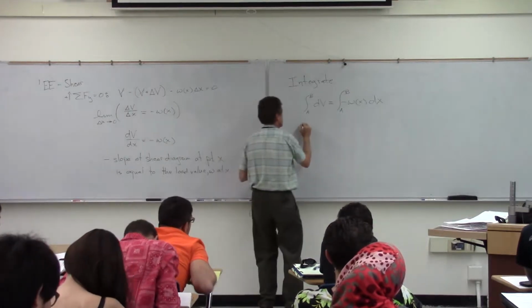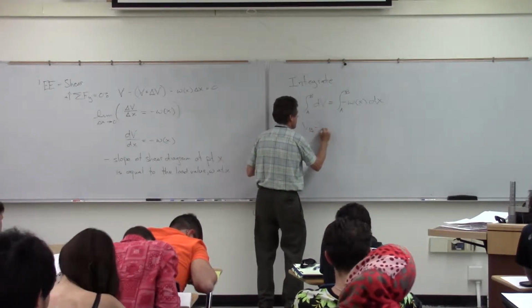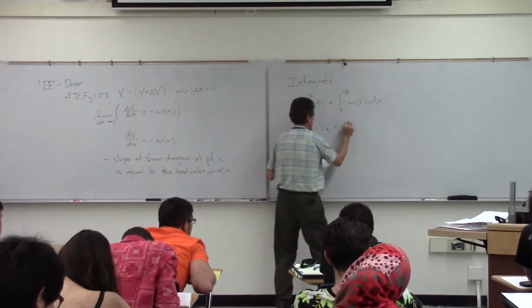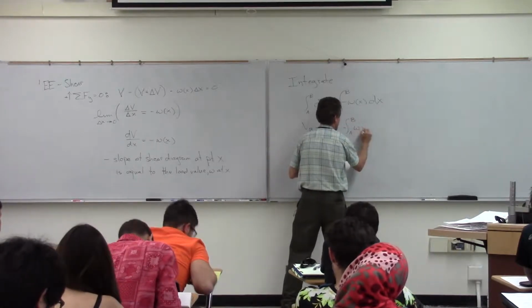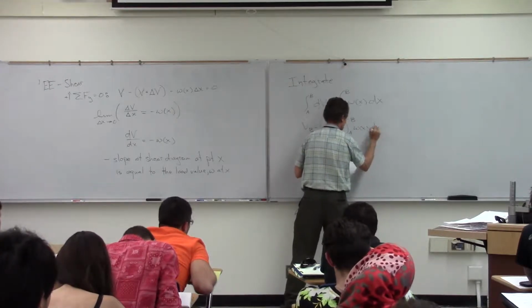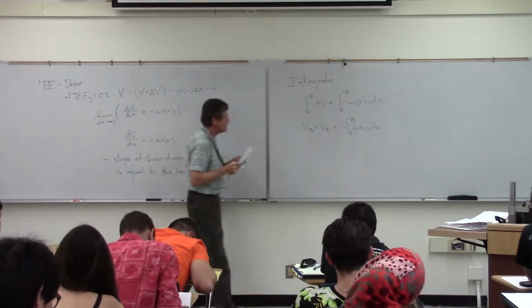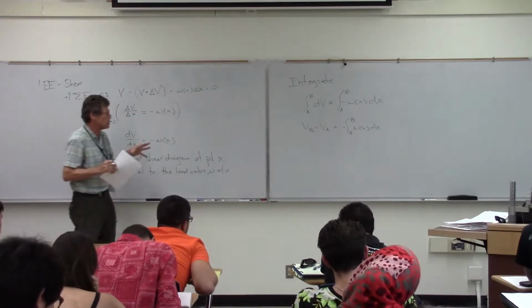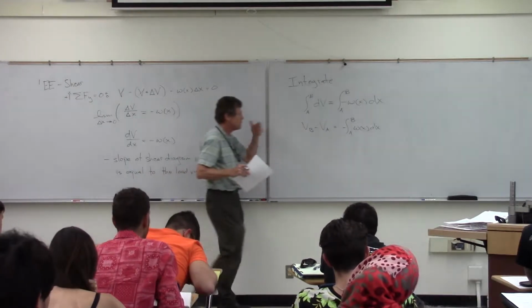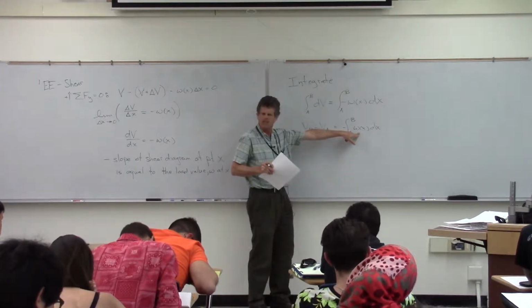And when I work through the integration, what we're saying is that I can measure the change of shear from point A to point B by doing this integration. Does this integration look familiar?